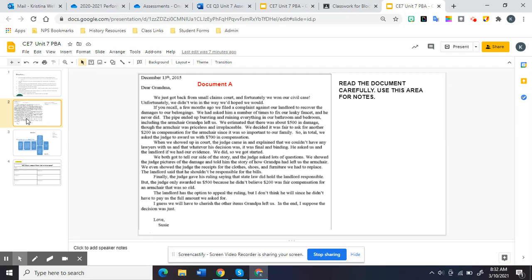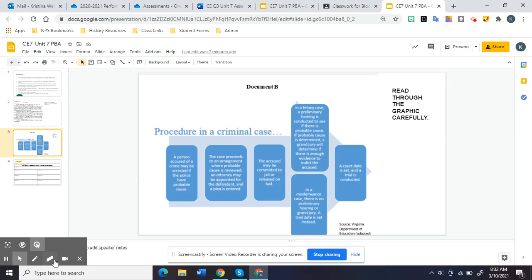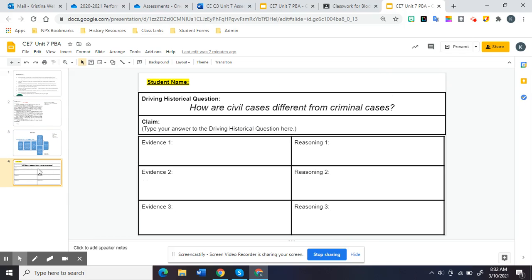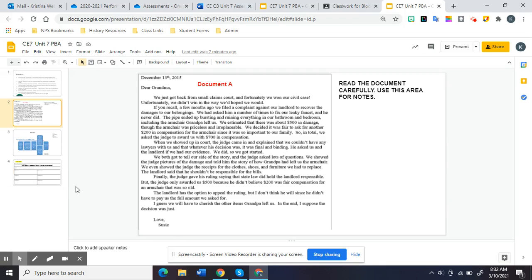In this case, we'll look at them, just do a brief. They're words and a graph, but mostly words. So it's going to be a direct quote from these 2 documents that is going to be your evidence. Remember, your evidence is not summaries of the documents. So you will pull a specific line.